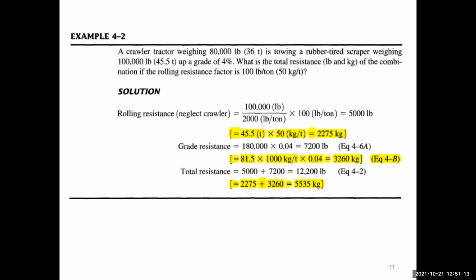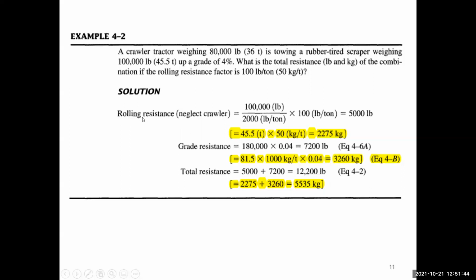Example 4-2. A crawler tractor weighing 36 ton is towing a rubber tired scraper weighing 45.5 ton up a grade of 4%. What is the total resistance in kilogram of the combination if the rolling resistance factor is 50 kilogram per ton?